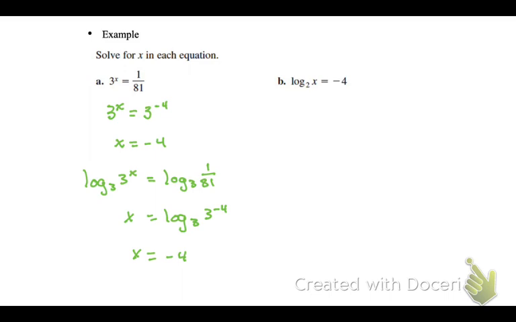What allows me to take something out of the domain? The inverse. So what's the inverse of logarithmic? Exponential. So my base is 2 to the negative 4 equals x. So x equals 1/16.